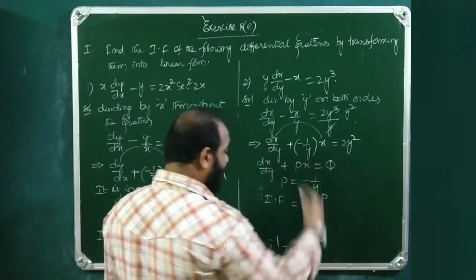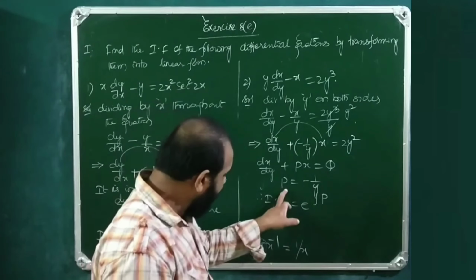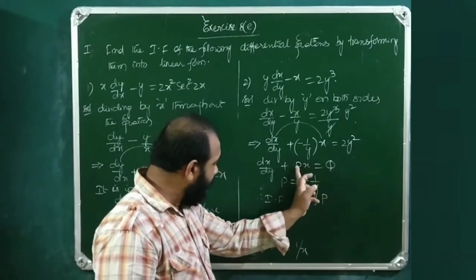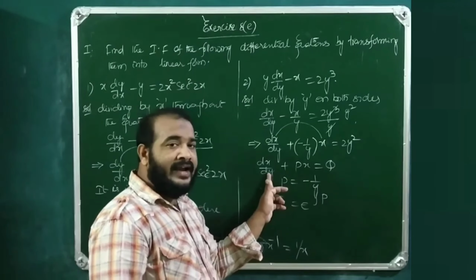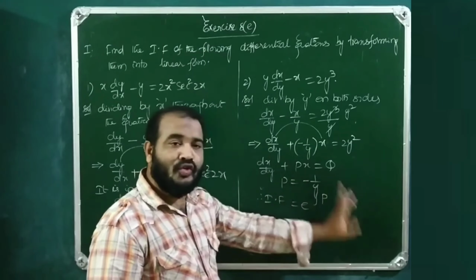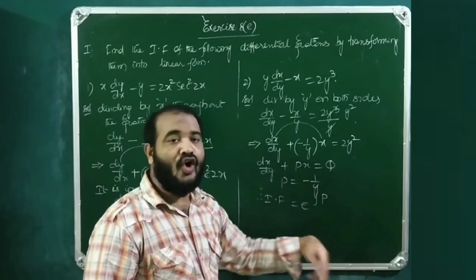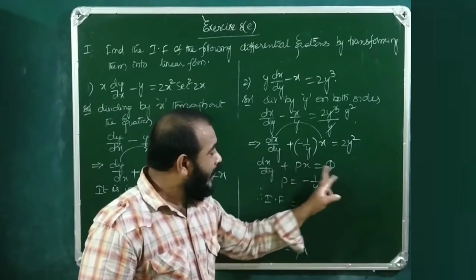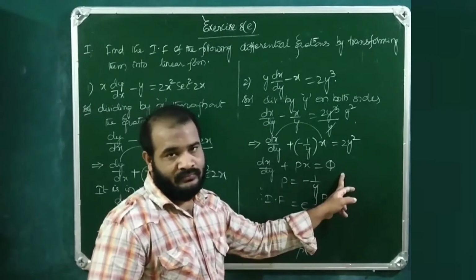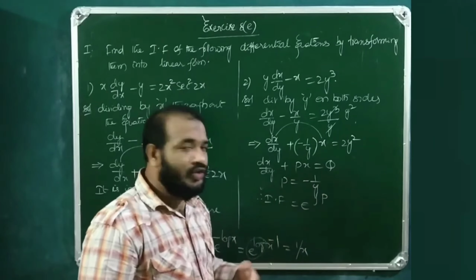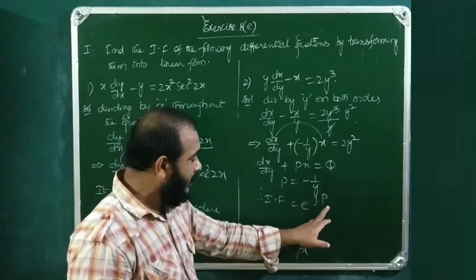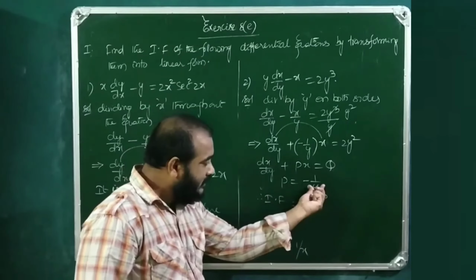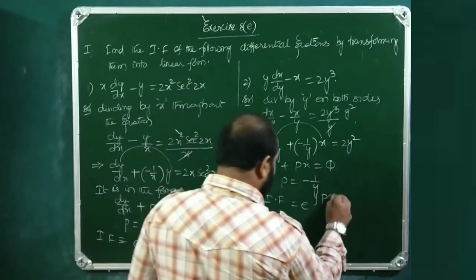E power integral p. Since p and q are in terms of y, being the independent variable, p comma q are constants or continuous functions of y only. Therefore here the integral factor is e power integral p, and since this p is in terms of y, dy.